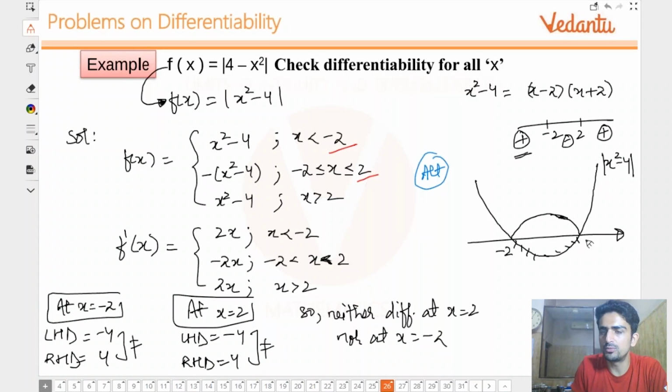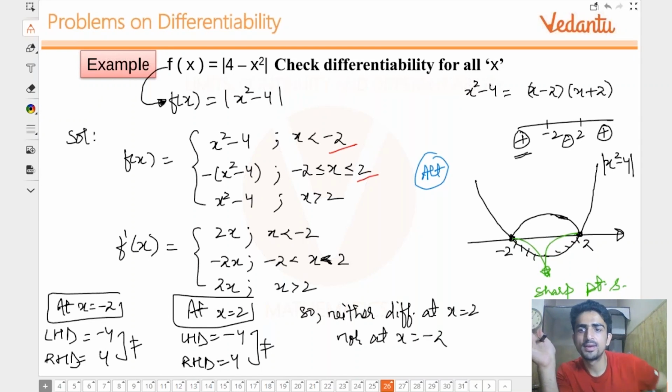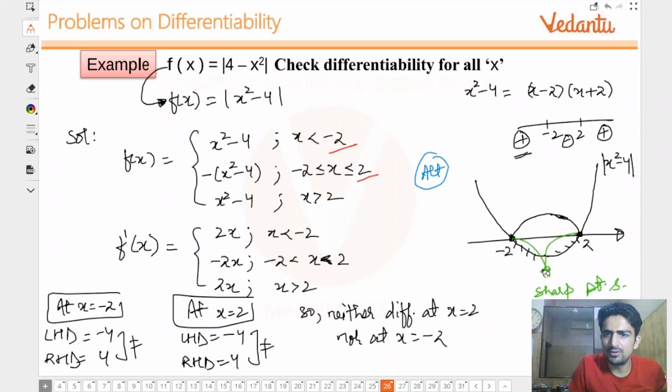This is -2 and 2. Clearly at -2 and 2 we have sharp points, and hence it is non-differentiable at -2 and 2. But this method is only for those who are good at graphs. Otherwise, just don't do it. It will not be good for you because you will get stuck.